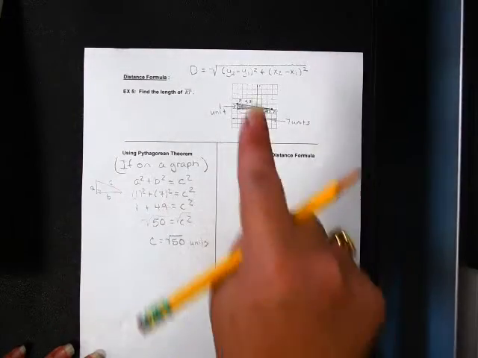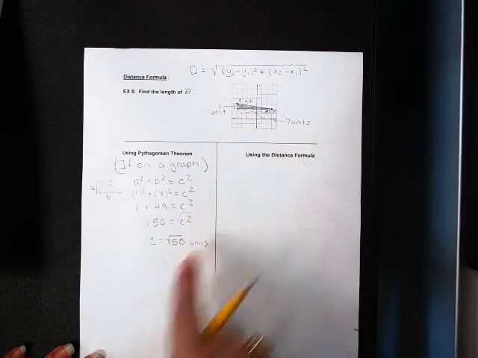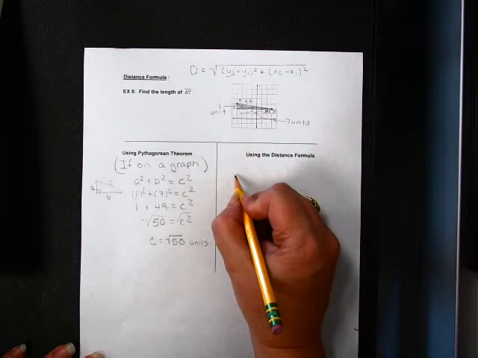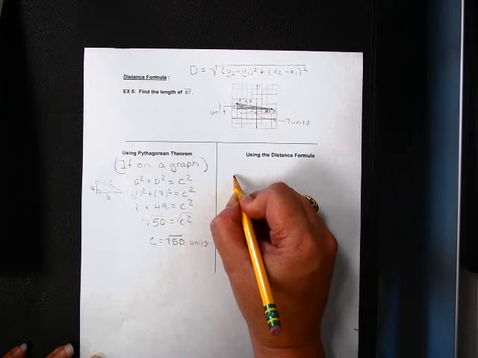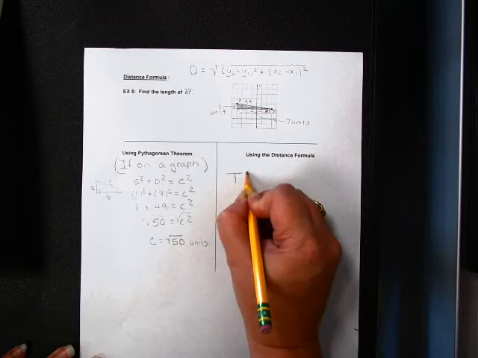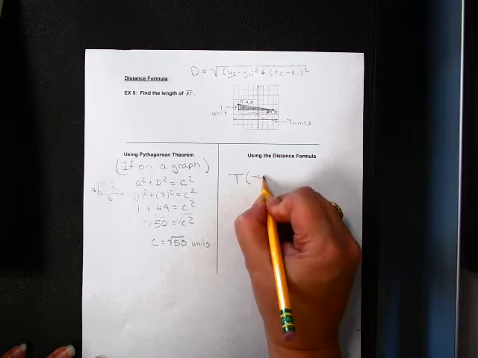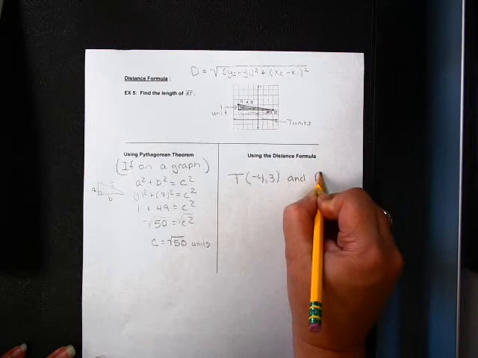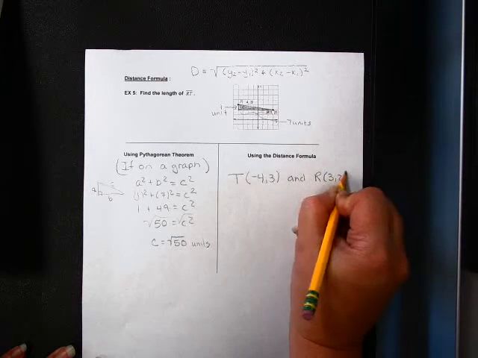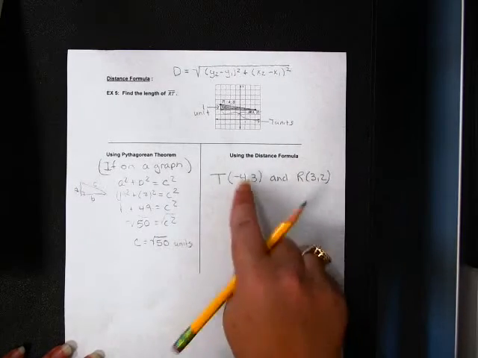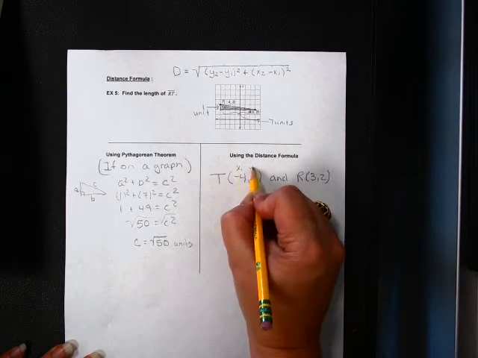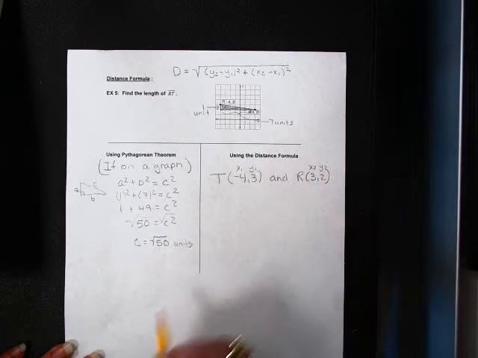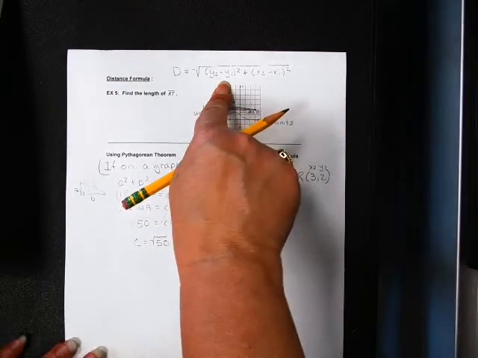Okay, so now we're going to do the exact same problem, but this time we're going to use the distance formula up here. Okay, so here I'm given 2 points. I'm given t is equal to negative 4, 3, and I'm given r is equal to 3, 2. Remember, this is x1, y1. This is x2, y2. So now plug this into our formula.